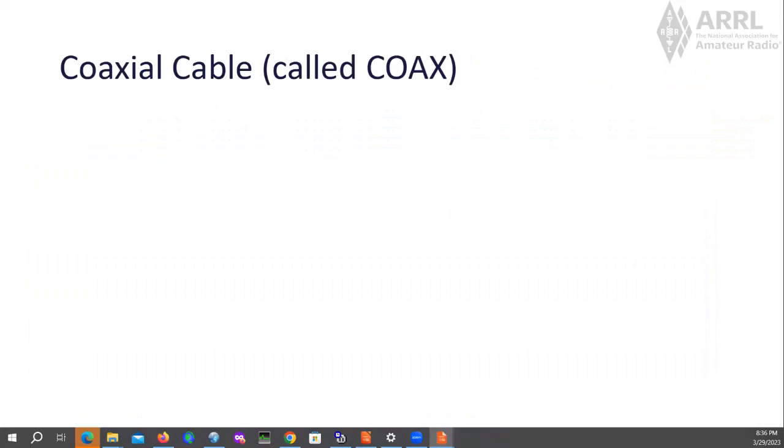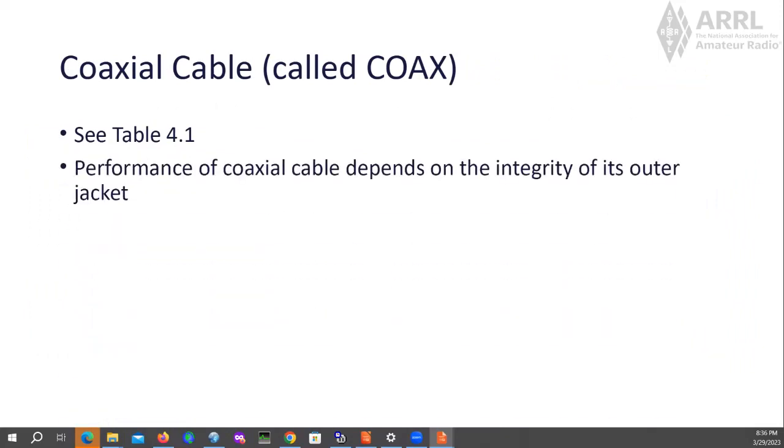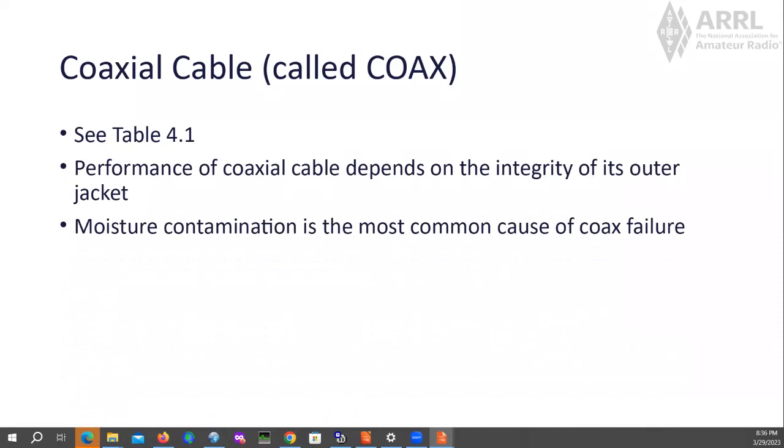Coaxial cable, called coax. See table 4.1. We just looked at that a lot. Performance of coaxial cable depends on the integrity of its outer jacket. Moisture contamination is the most common cause of coax failure.